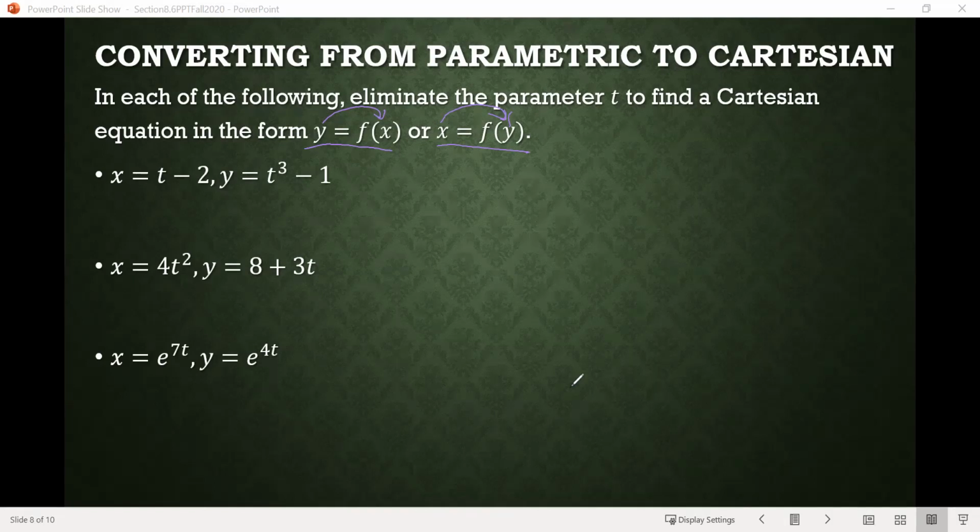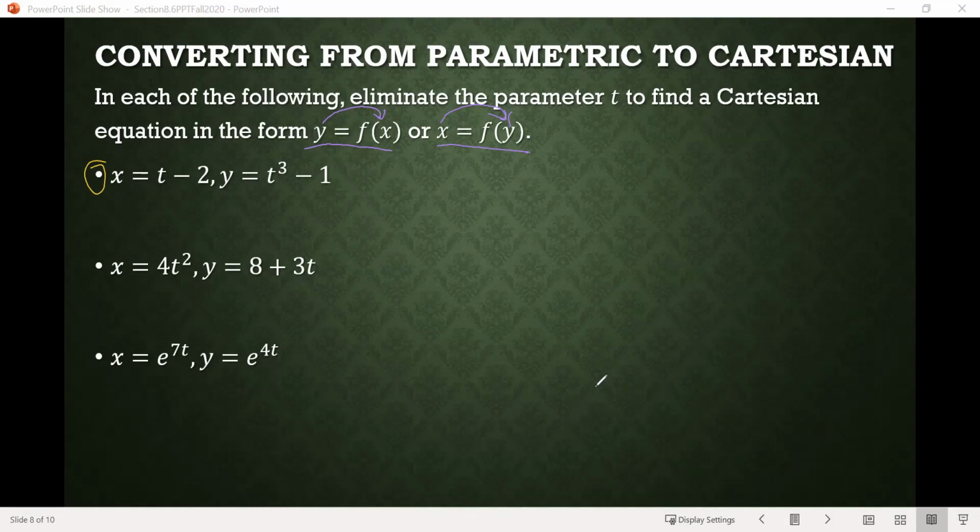So as an example, looking at the first one here. We're given that x equals t minus 2 and y equals t cubed minus 1. We want to write this as a Cartesian equation. The way we do that is basically by eliminating the variable t, and we do that by isolating t in one of the equations. When we do this, we want to pick the one that's going to be the easiest.